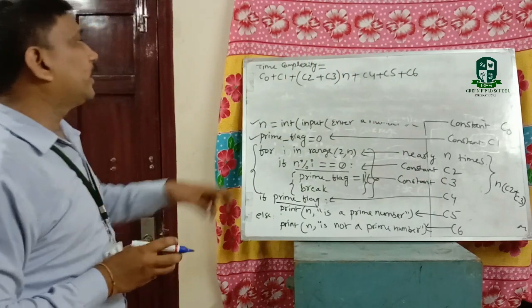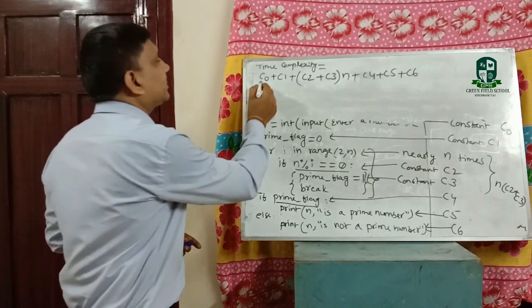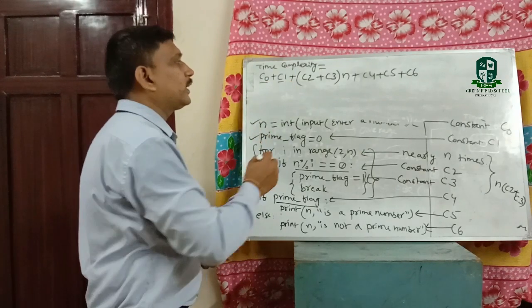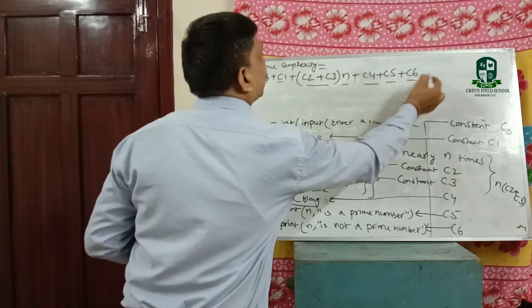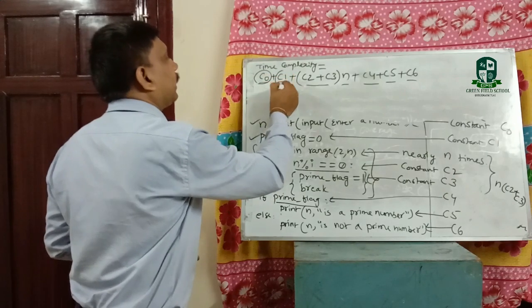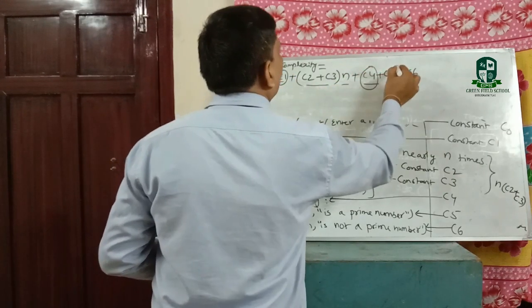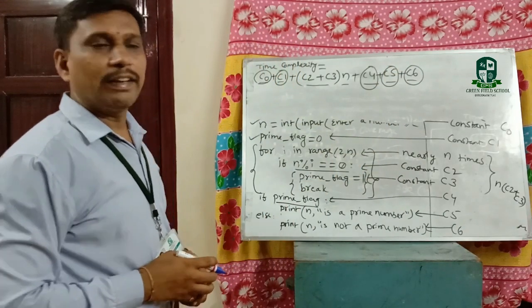In this way, we calculate the total time complexity. This one is constant time, this one is also constant time. Constant into n value, plus constant, constant, constant. All these constants are considered as a single constant value.